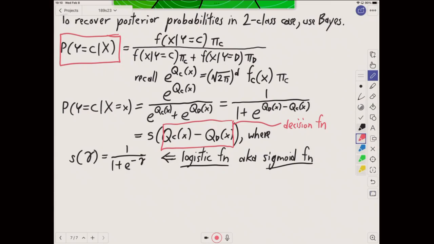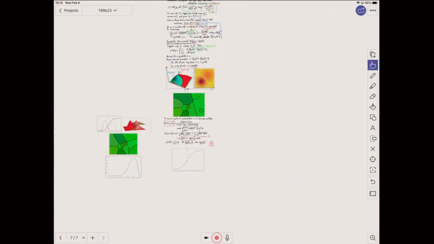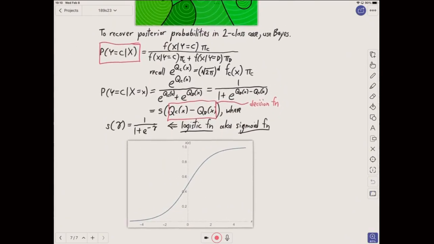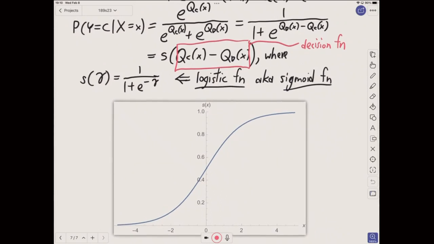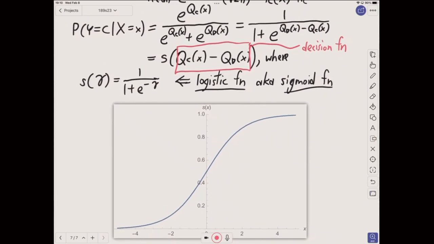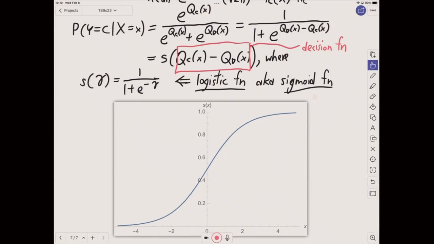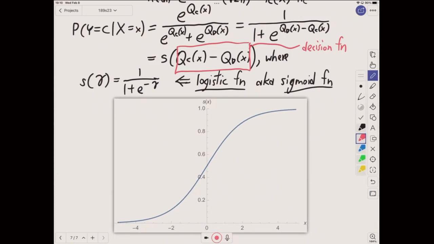And we should take a look at the logistic function so we can build a little bit of intuition for what's going on here. So here it is. That's the logistic function. The horizontal axis, let's call that gamma, and the vertical axis is S applied to gamma, this logistic function or the sigmoid function.